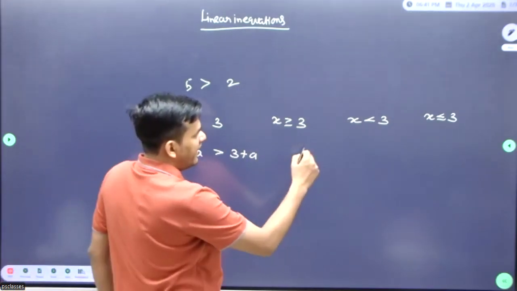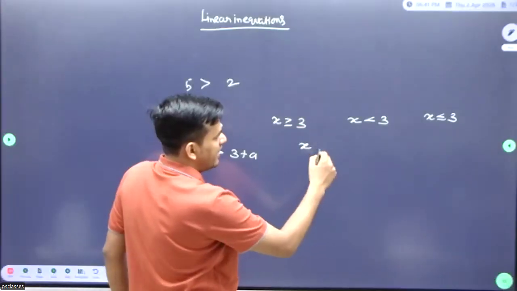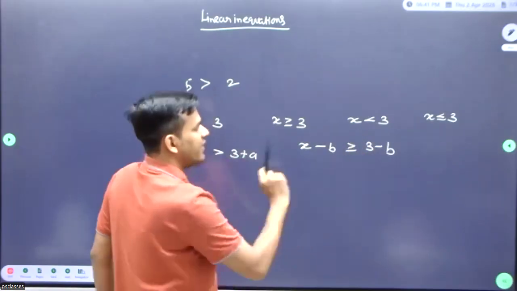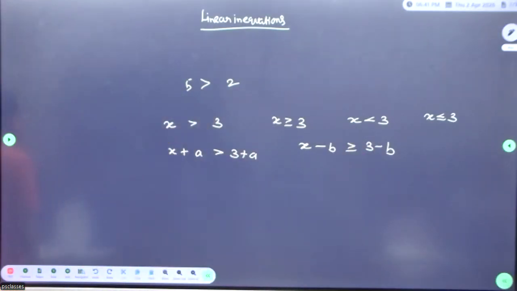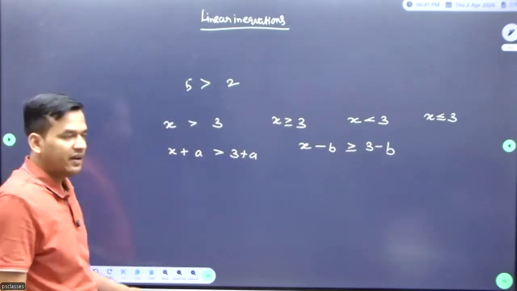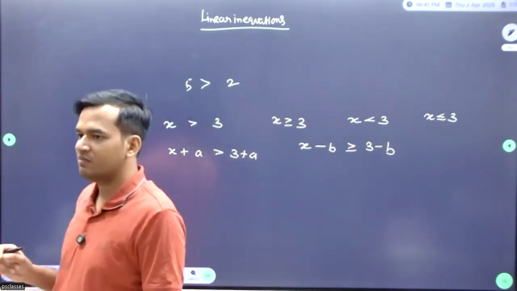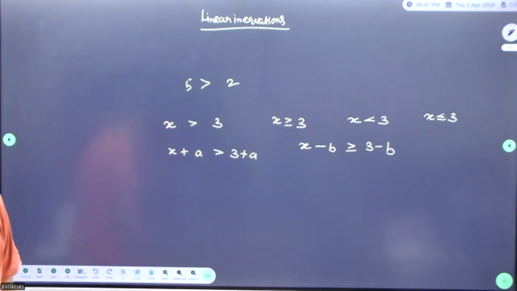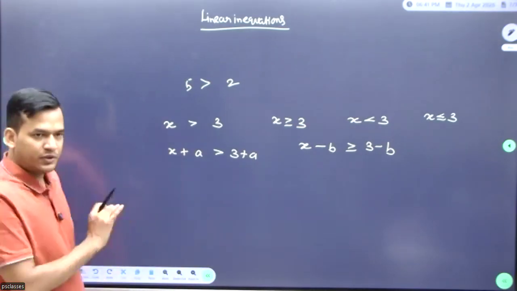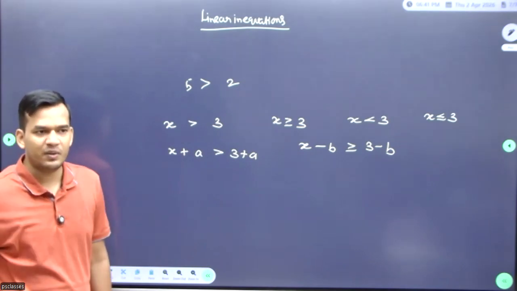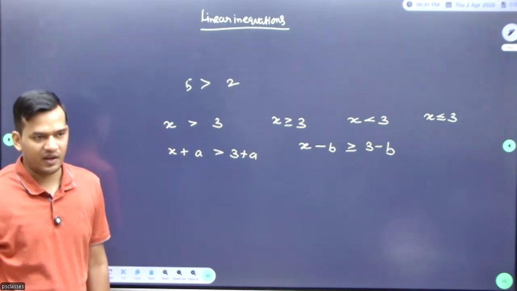Similarly, in this one also I can add or subtract anything. Suppose I am subtracting b. So the sign of inequality will be the same. x minus b greater than or equal to 3 minus b. There is no impact on the sign of inequality by adding or subtracting the same thing on both sides. So this is the first rule. You can add or subtract a number on both sides of the inequality without changing the sign of inequality.